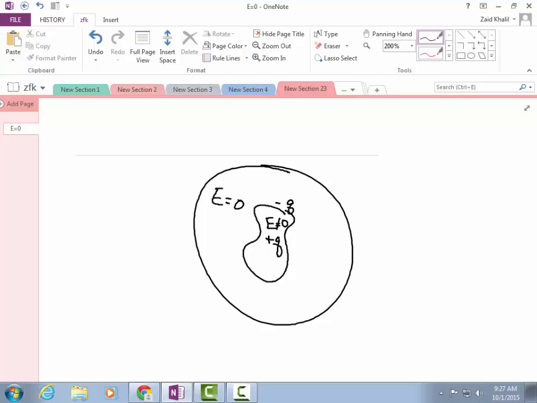So now the question is, what would you observe from this conductor? The outside would become positive. Let me make this positive Q, and let me say that this is negative sigma.